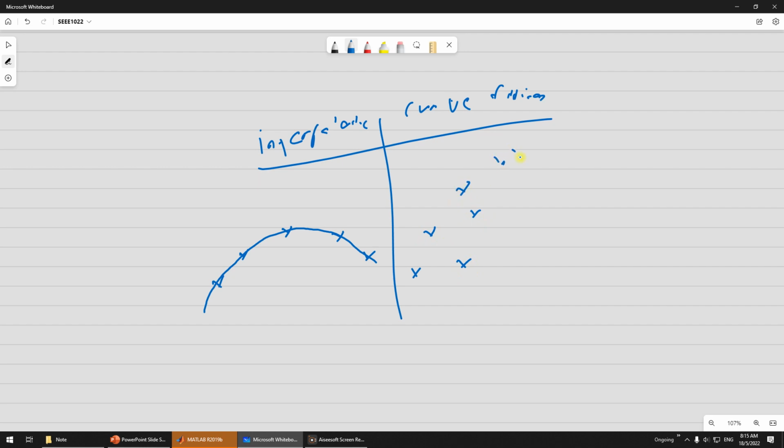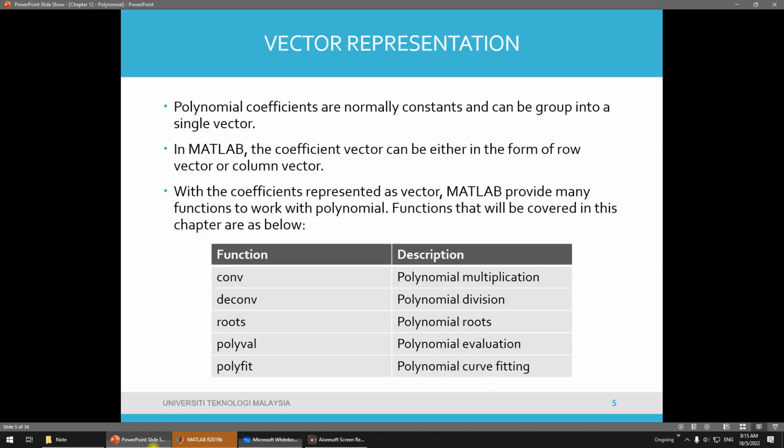It will try to find a polynomial that can fit all the data. It doesn't mean that you have to run through all of the data, but it will try to fit it to all the data. Okay, so that is the difference between interpolation and curve fitting. Okay, so in this chapter you will learn curve fitting also.